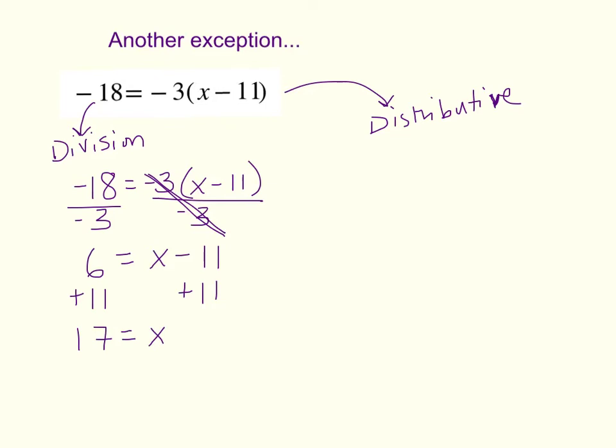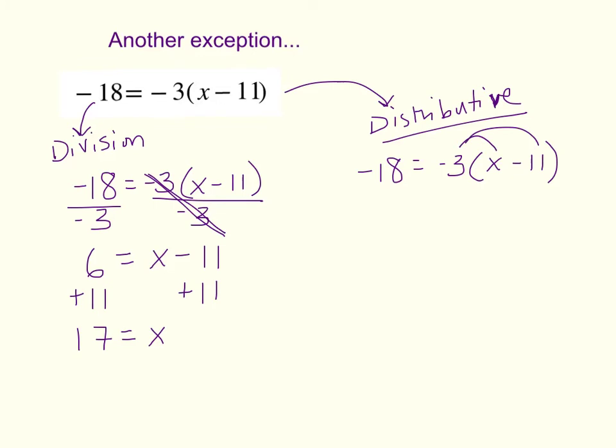So that's one way you can do a problem like this, and it really relies on the fact that that negative 18 is divisible by the negative 3. If it wasn't, you'd have to do it this other way using the distributive property. And in this case, there is another detail we're going to have to recognize and avoid mistaking. It's going to start with distributing our negative 3.